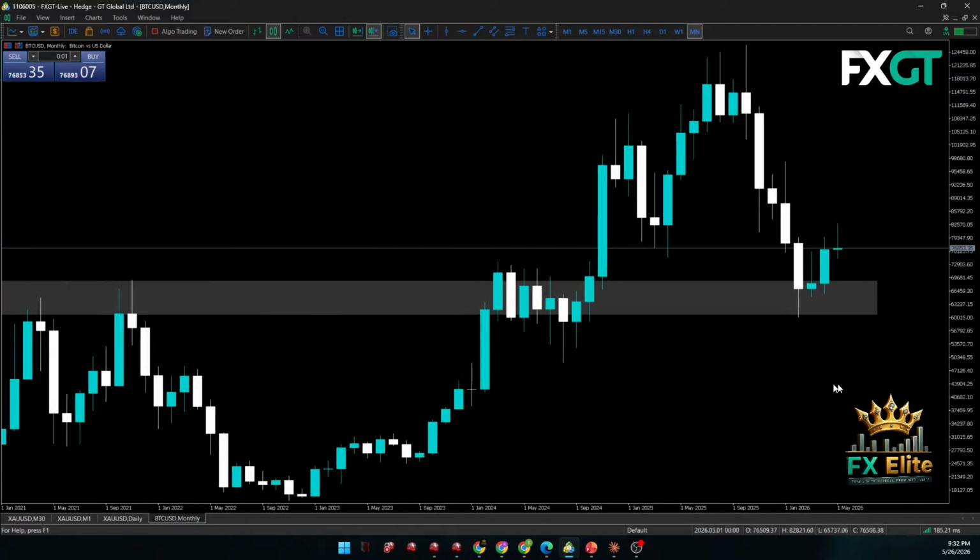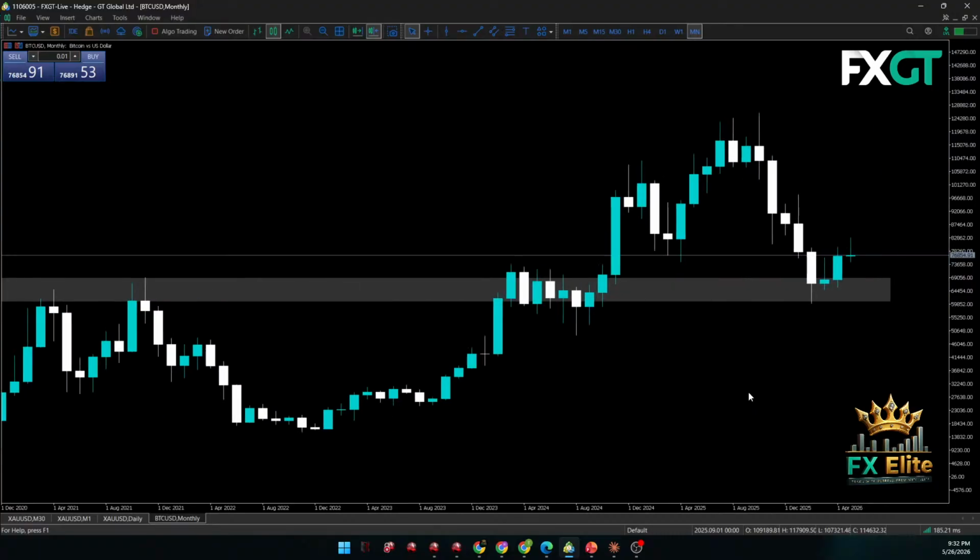Is that clear? Do you guys understand this flip? So basically, in April 2021 and August 2021, this area is the resistance. Every time the price reached that place, it went back down. It tested again, went back down again, and then finally in April 2024, it managed to break through.